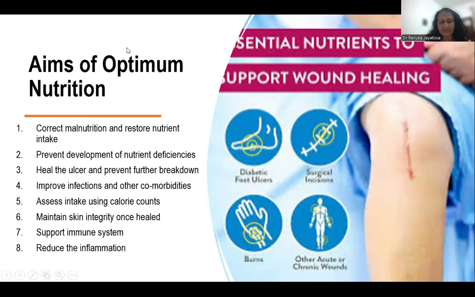Once the wound is healed, the patients have to maintain the skin integrity. That's another important component with nutrition. And as I mentioned earlier, the other one is immune system support and reduction of inflammation. So all these 8 factors are very important when we look at optimum nutrition.